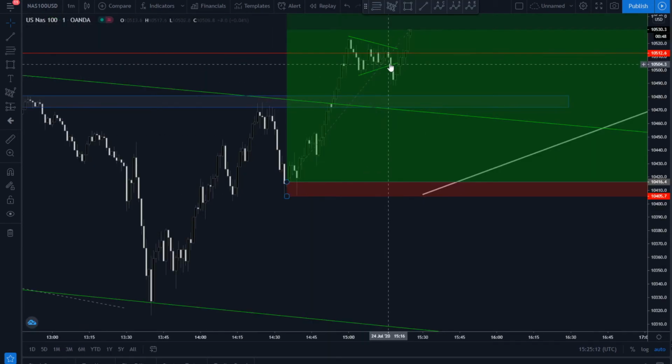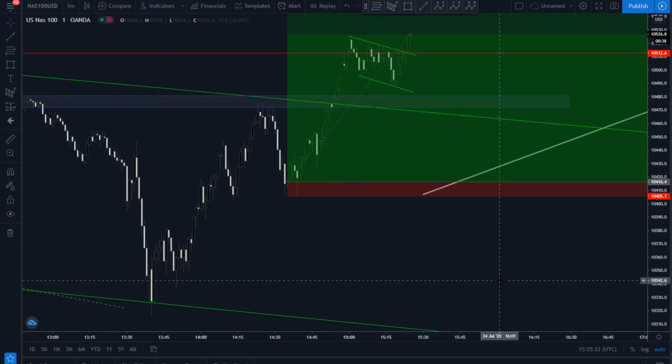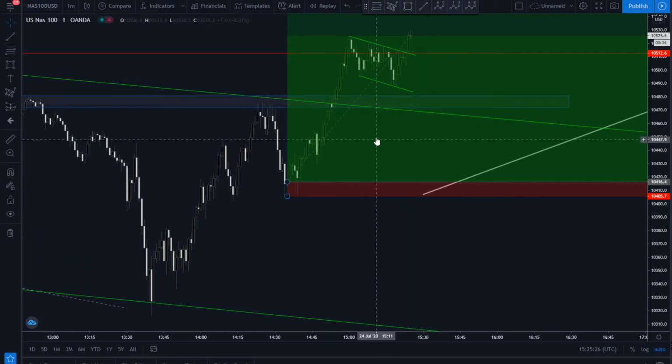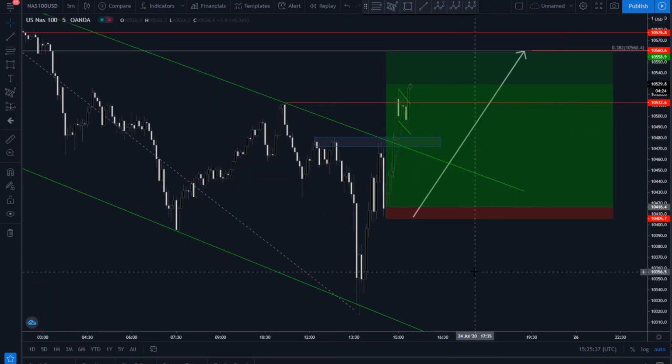So we started off with a pennant, but now we made a low here and it created a flag and it just broke through it, which is also a continuation pattern, which looks really good for this trade. I could lock in some profits here, but I don't see the need for now. It's very likely at this point that we're gonna reach our target, so we'll see.